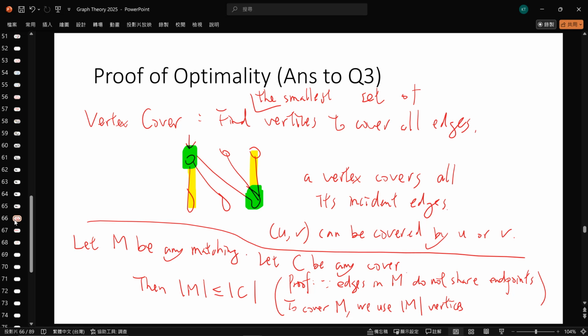Since the edges in the matching do not share endpoints, if you have, say, 5 edges in the matching, then you have to use at least 5 vertices to cover these edges, because you cannot use one vertex to cover multiple edges. So that's the key property, and that's basically the proof.